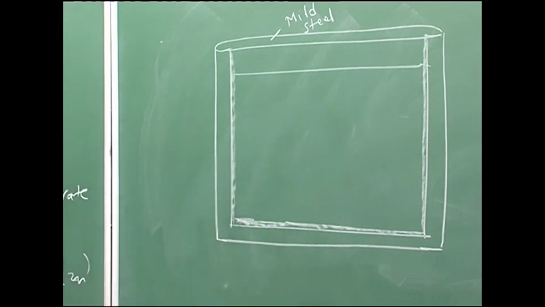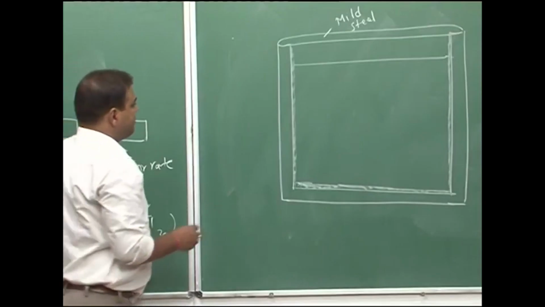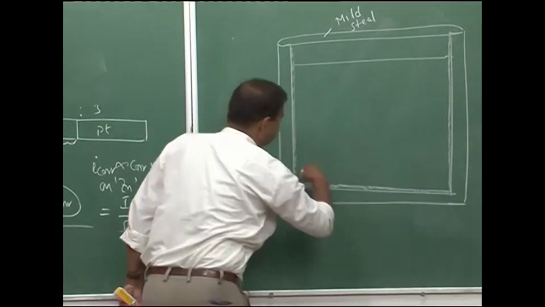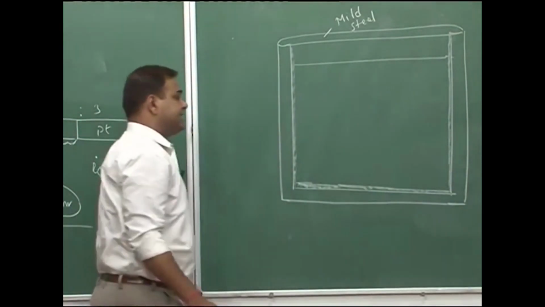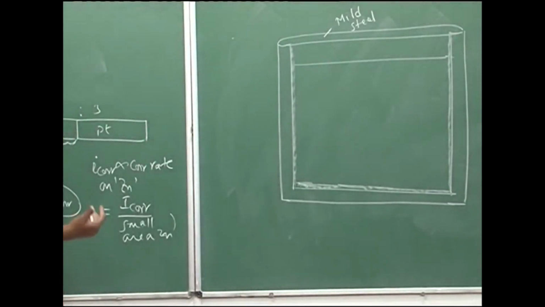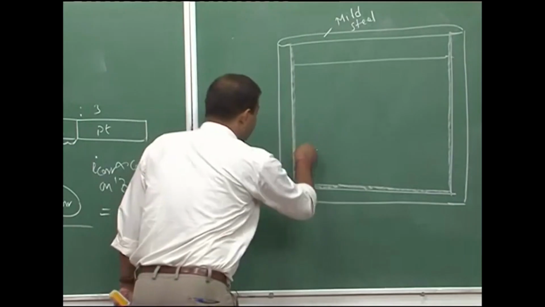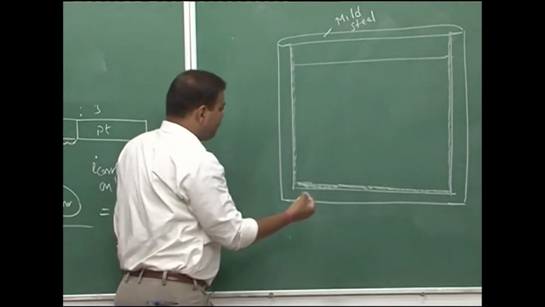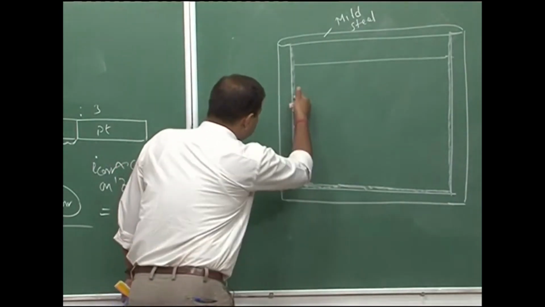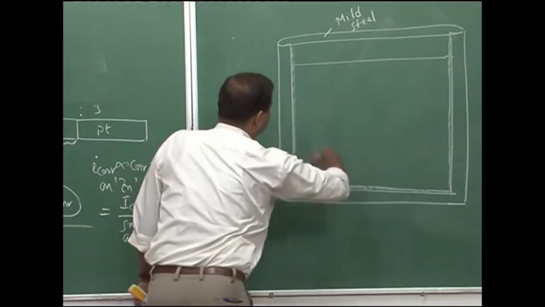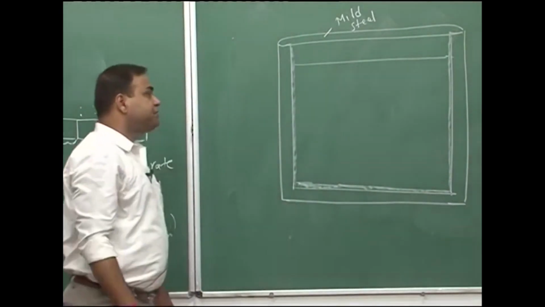Now, let us make the bottom of this tank with stainless steel, in order to have less corrosion and less contamination, as well as a very low corrosion rate at the bottom, because the bottom part is always exposed to corrosives.